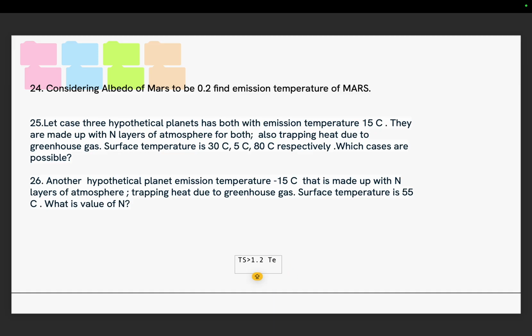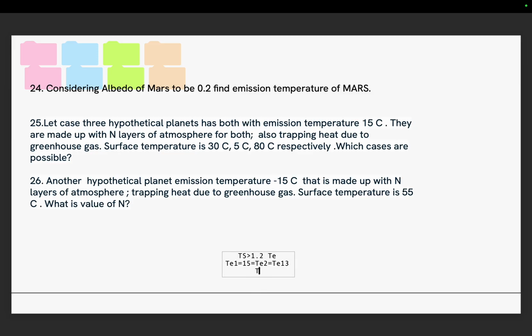Now for the first case, the emission temperature we are keeping the same: Te1 is equal to 15, equal to Te2, equal to Te3.